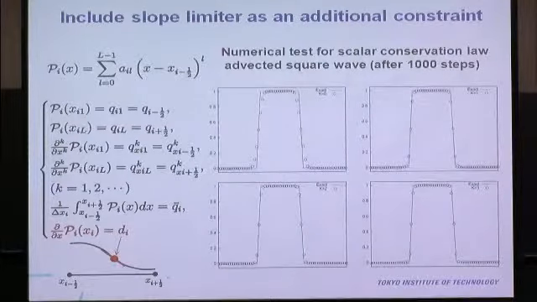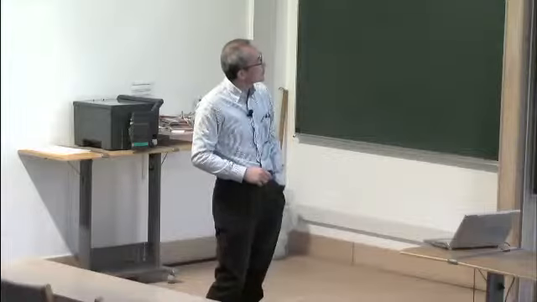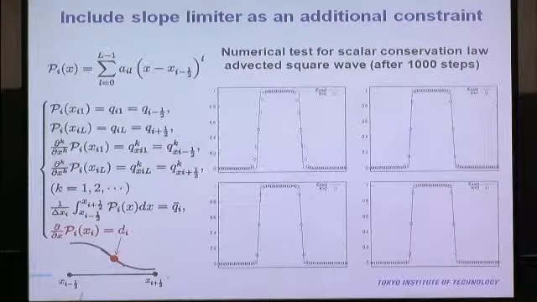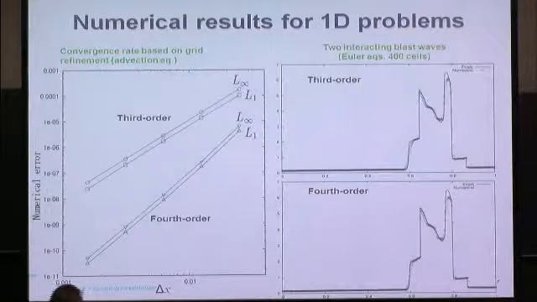There's another problem, oscillation. If you use a scheme which is higher than second order, definitely for a jump or discontinuity, you will have oscillation there. So it's very easy for us to introduce a slope limiter here, which can effectively remove the numerical oscillation. I will not go into more detail about this.